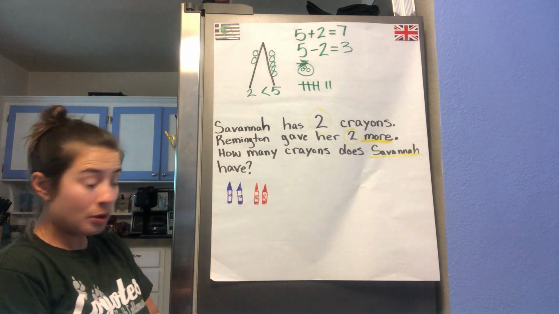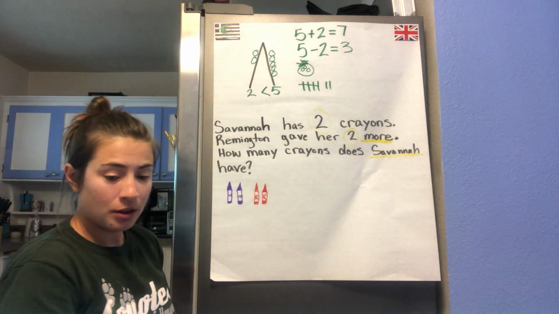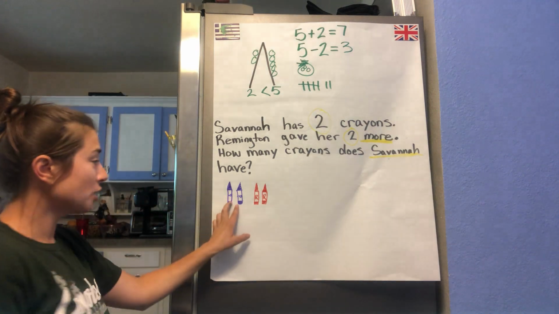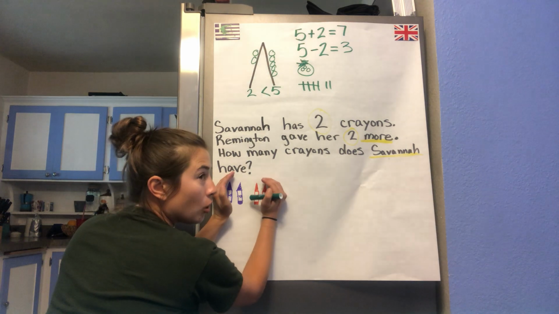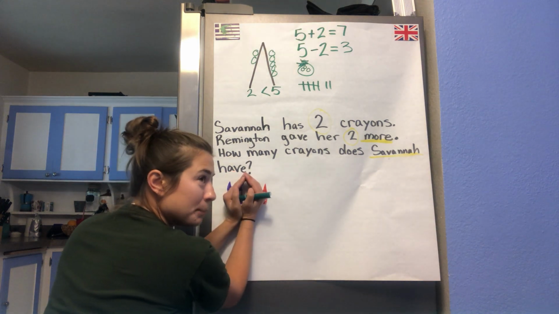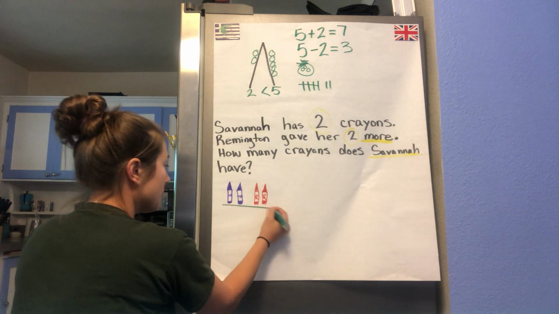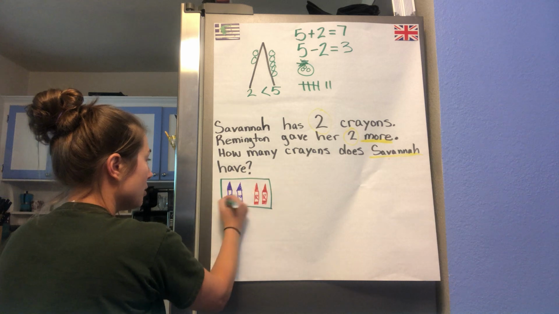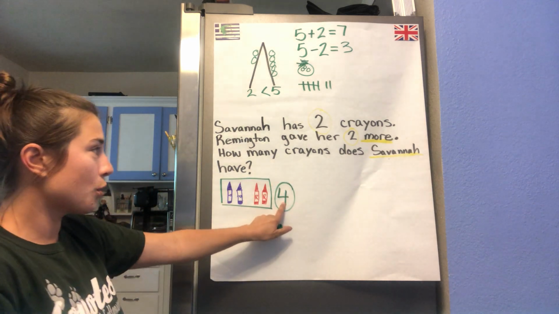Okay. Remington gave her 2 more. How many crayons does Savannah have? All right. Well, she had 2. Remington gave her 2 more. If you put them all together, if you add them together, you get 1, 2, 3, 4. So Savannah all together has 4 crayons now.